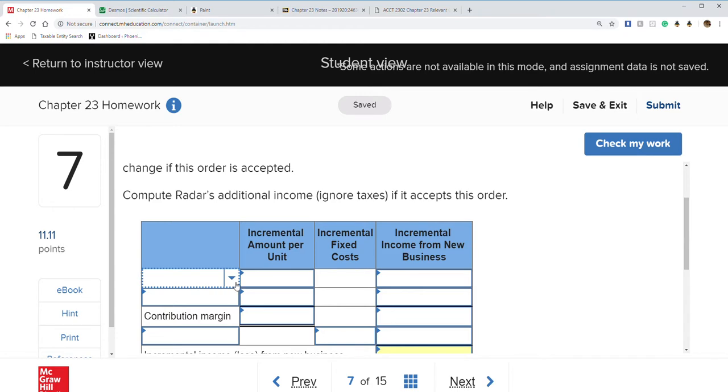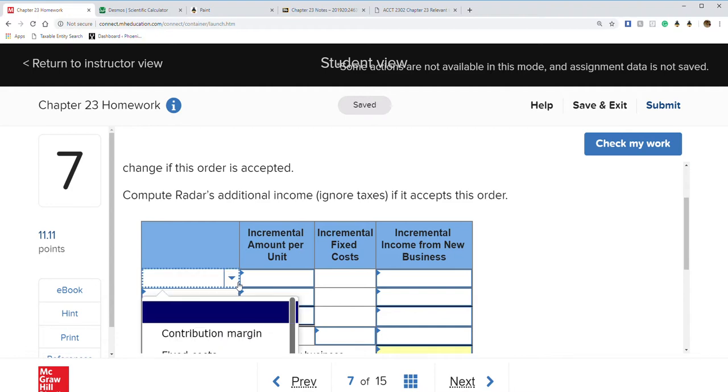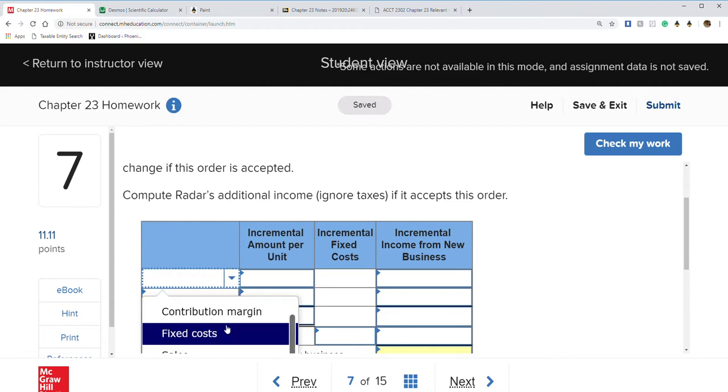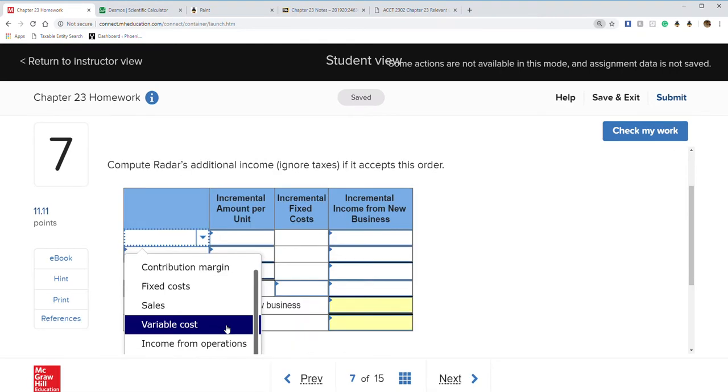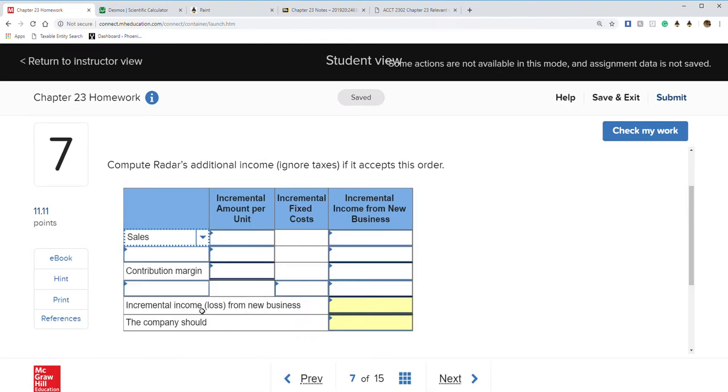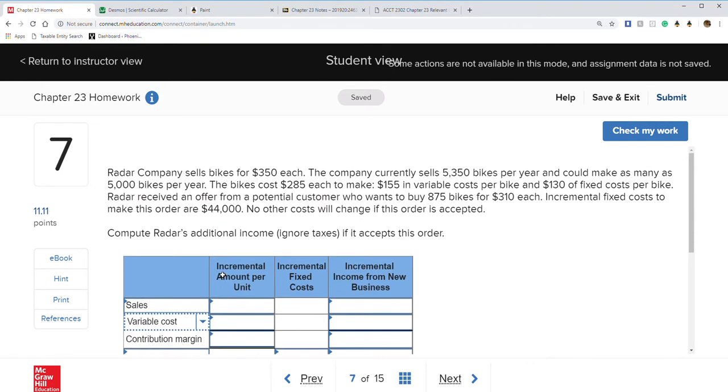Well, first off, contribution margin. From prior chapters, we've learned that this is always going to be sales minus variable cost. So when we look at incremental per unit, one, we have to see how much these are now going to sell for.